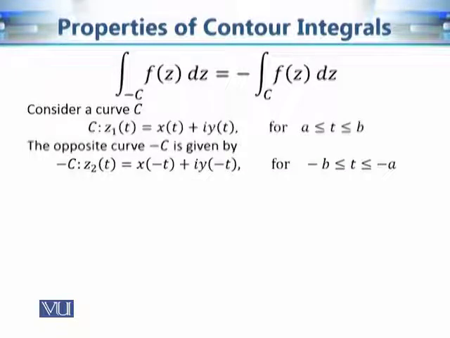Then minus C is defined as x of minus t plus iota y of minus t, where t varies from minus b to minus a.